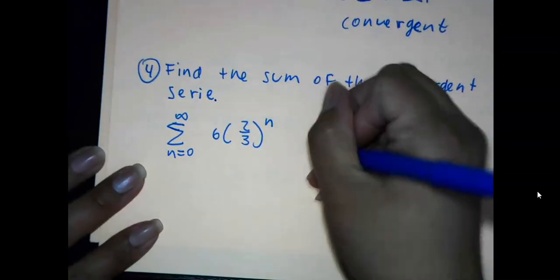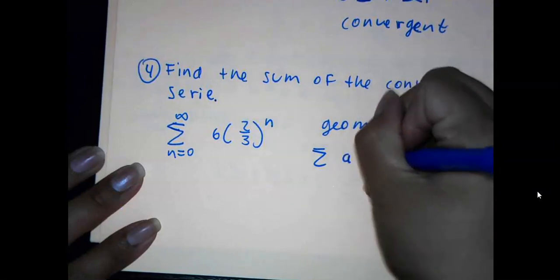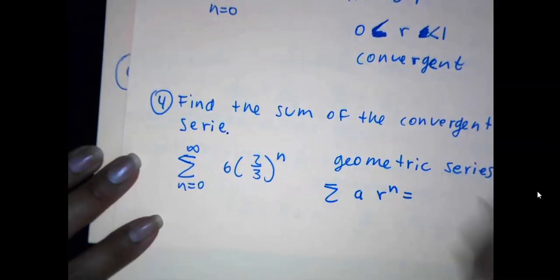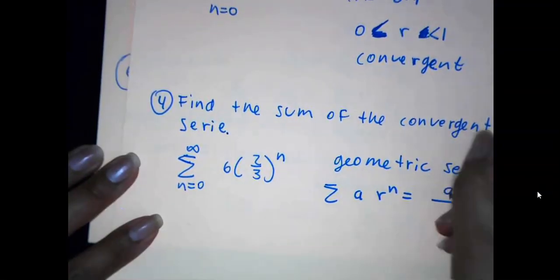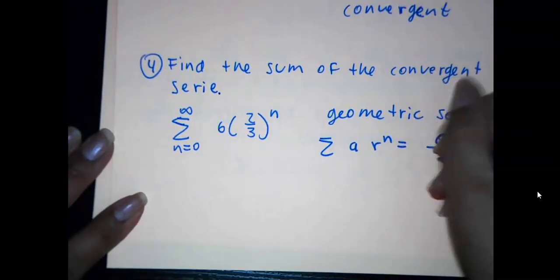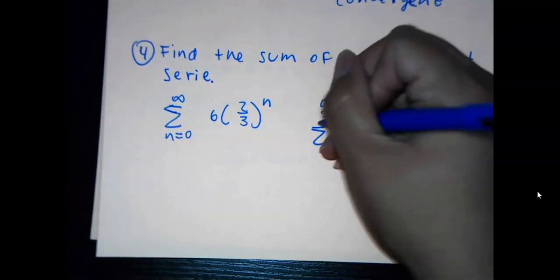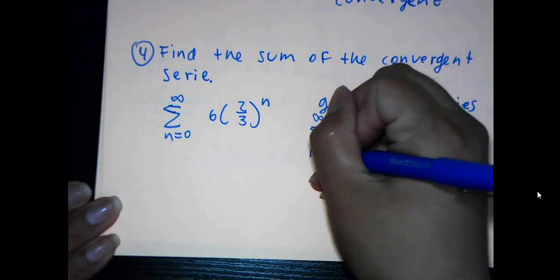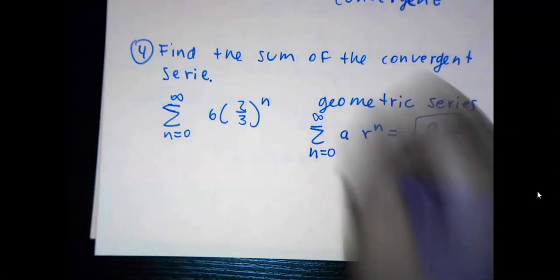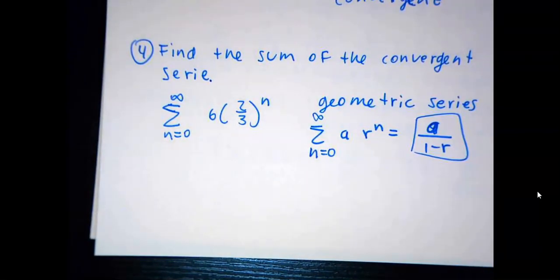So let me write it. A r to the n, and it's going to be a, sorry, over 1 minus r. That will be what it converges to.